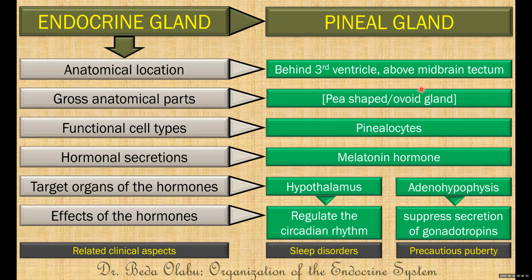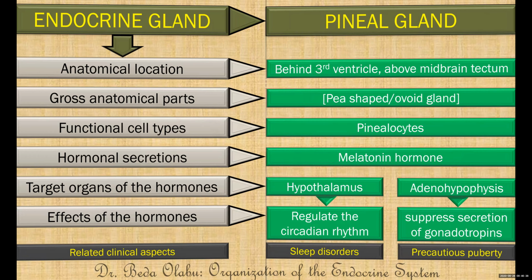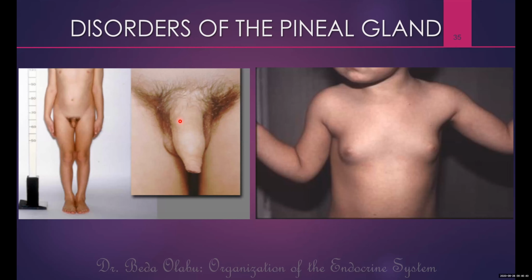So if you have deficiency of melatonin in childhood, then puberty might just come early. That's what we call precocious puberty. So the images here represent children who have already entered into puberty despite their age, maybe a 4-year-old boy and a 3-year-old girl. That's what we call precocious puberty.